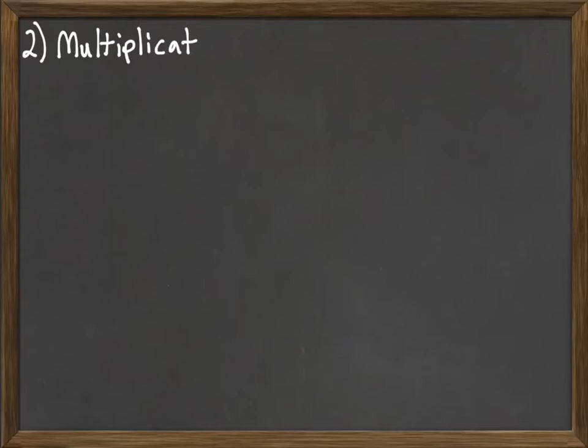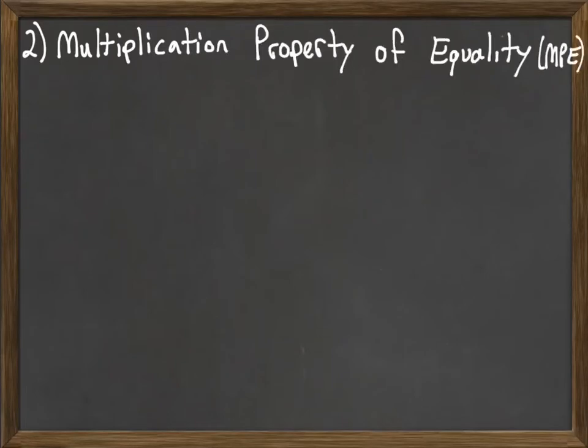Our second tool is the multiplication property of equality, or oompa. I always think of the little Oompa Loompas from Charlie and the Chocolate Factory when I think of this. So the addition property allows us to move stuff from one side to the other.